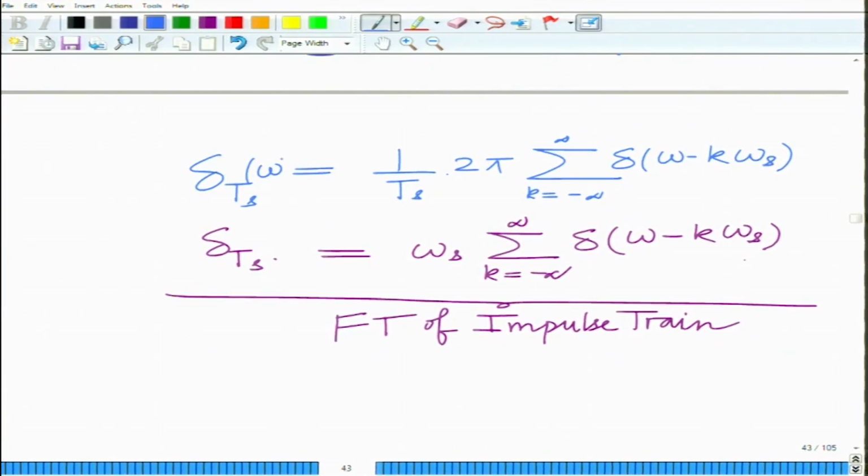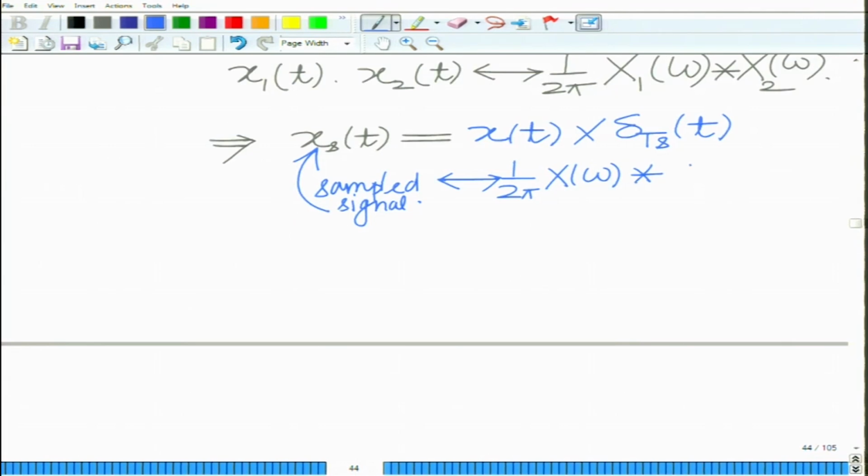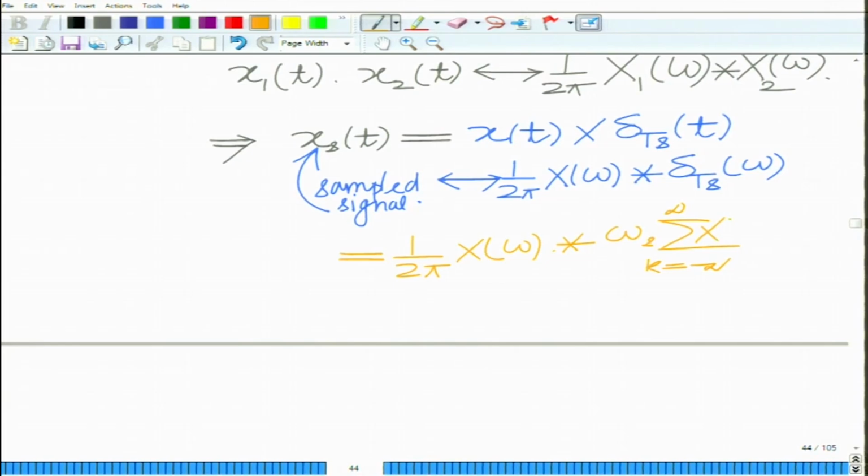That is basically equal to 1 over 2 pi X of omega convolved with omega s, summation k equal to minus infinity to infinity delta of omega minus k omega s, which is basically omega s over 2 pi.